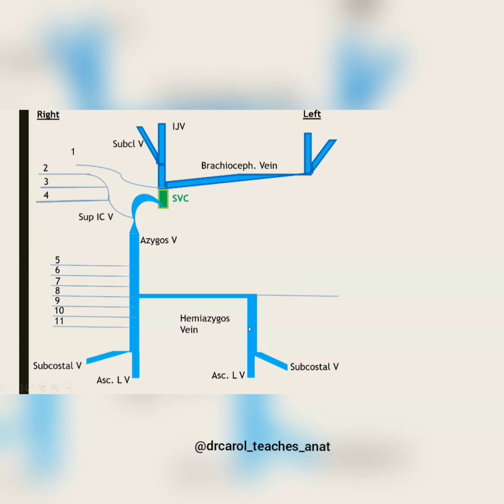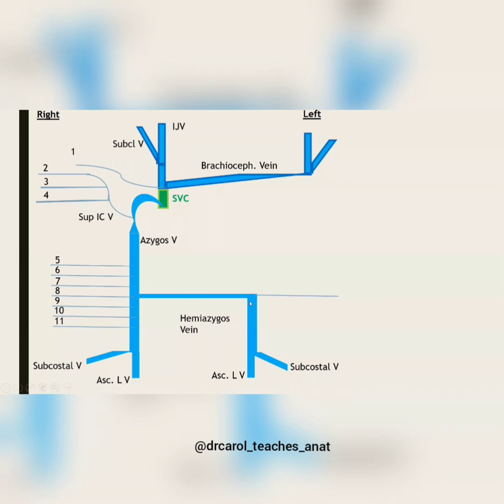So you can draw the hemiazygos vein vertically up to the level of T8, corresponding to the 8th posterior intercostal vein, and then it drains into the azygos vein by crossing the midline.